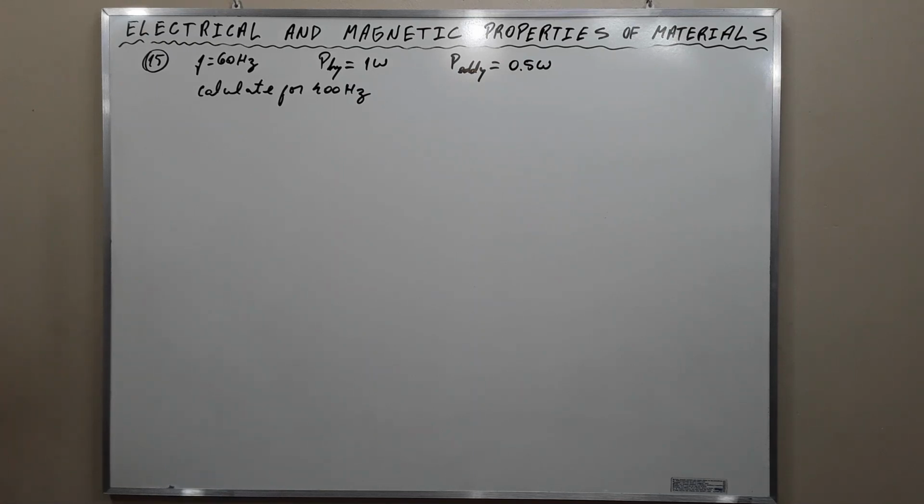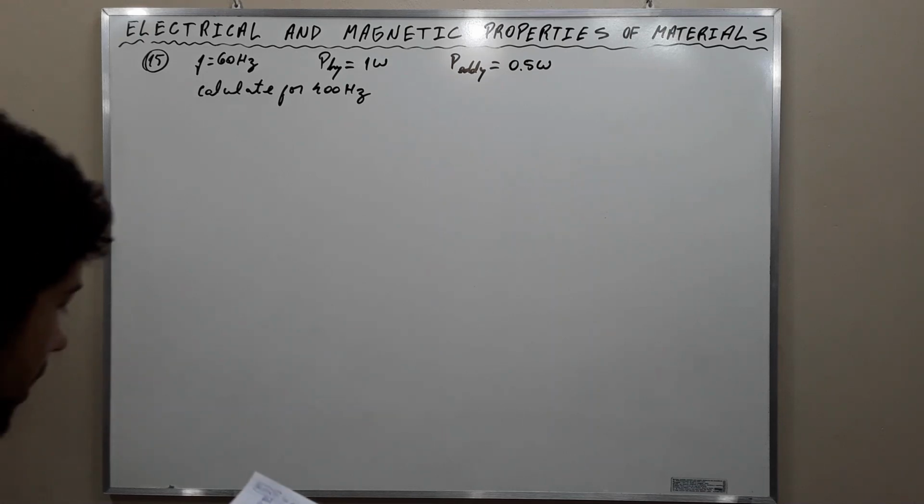Assuming constant peak flux density, power loss due to eddy currents increases with the square of frequency. Alright? It is important to understand this, that the power loss due to eddy currents increases with the square of frequency, and the power loss due to hysteresis is directly proportional to frequency. Okay?